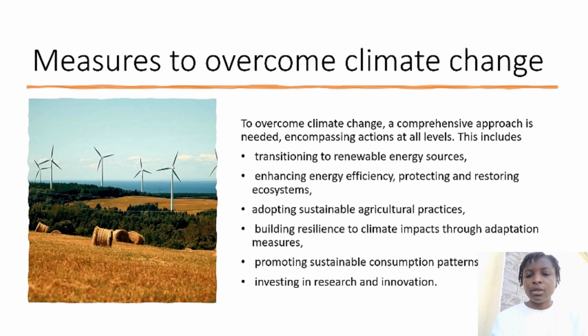Another one is building resilience to climate impact through adaptation measures, promoting sustainable consumption patterns, and investing in research and innovation. So we must invest in research and innovation in order to help us to know the good place where we can cut down those trees and how to fight against climate change.